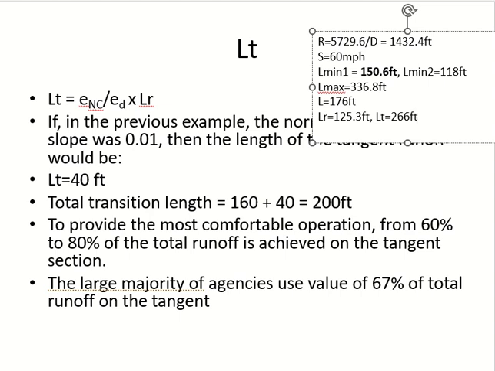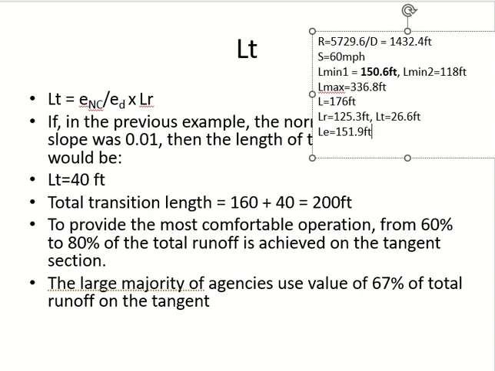So their total is how much now? 126.6. Okay, the total is how much? 151.9.